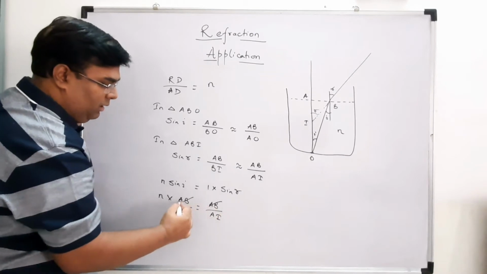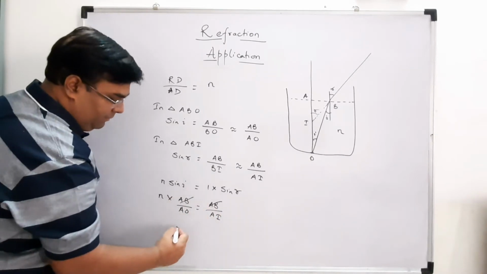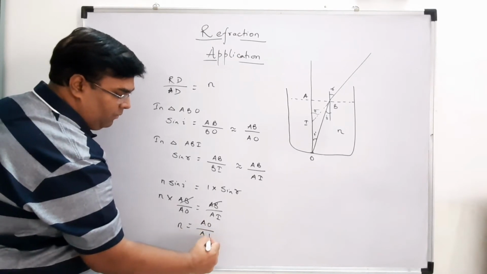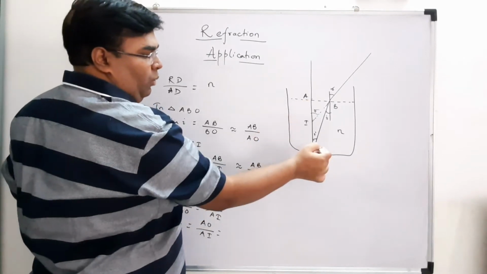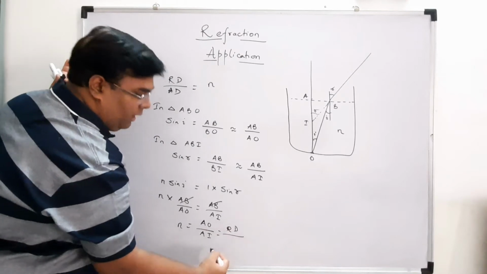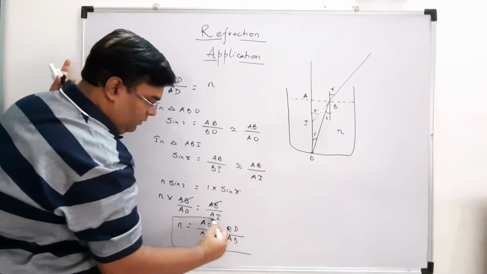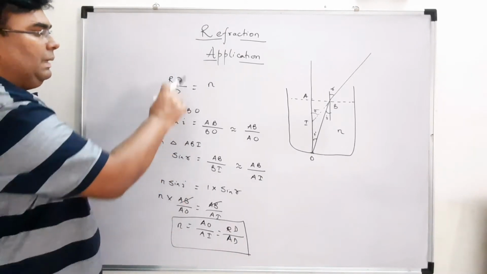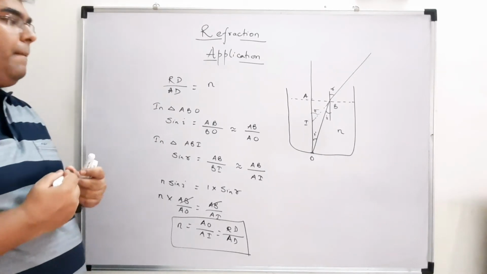AB can be cancelled here, so you will get n as AO upon AI. Now what is AO? AO is real depth and AI is apparent depth. So our formula is real depth upon apparent depth is the refractive index of the medium.